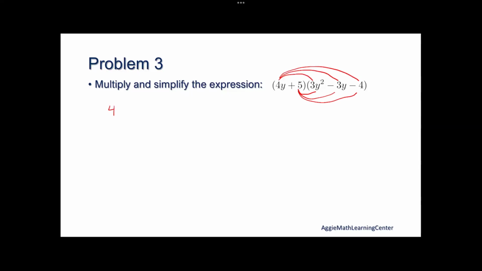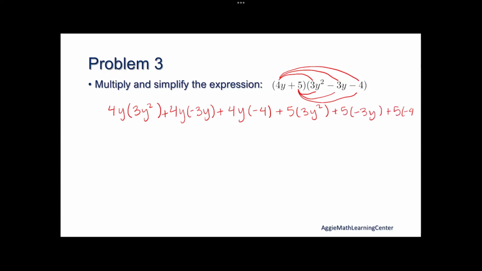You'll have that 4y times 3y squared. And then I have another 4y times negative 3y. And then that 4y times negative 4. And now we're going to add that to 5 times your 3y squared again, plus 5 times negative 3y, plus 5 times negative 4.